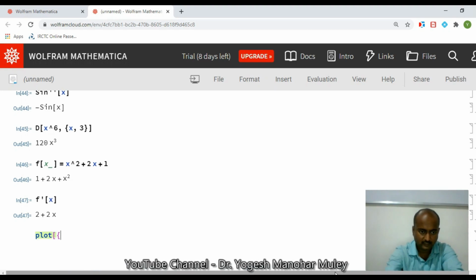So I will use curly brackets for multiple functions, f of x comma f prime of x, or f dash of x, and x varies from -3 to 3.